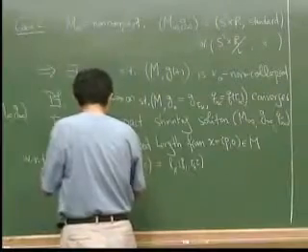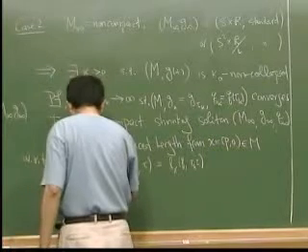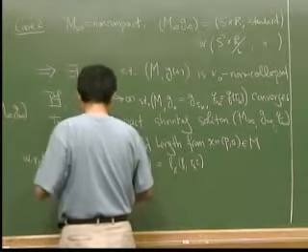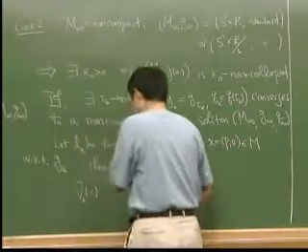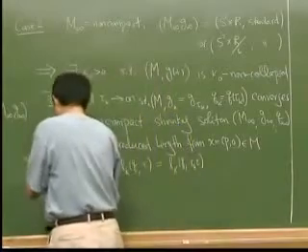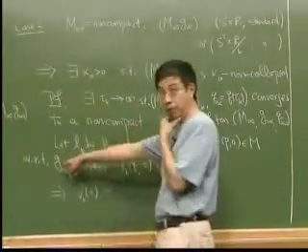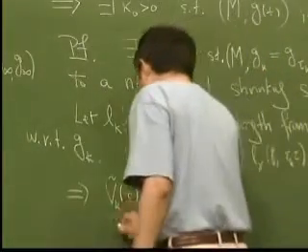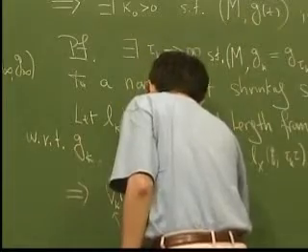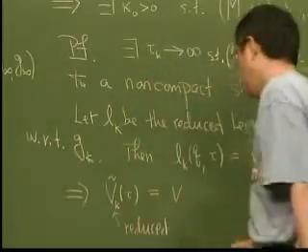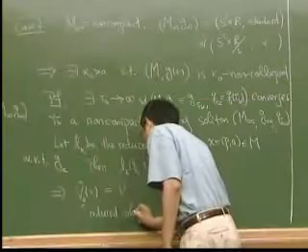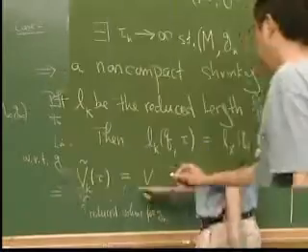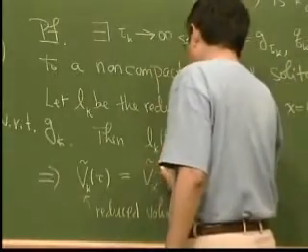So the corresponding reduced volume of this tau implies this is the reduced volume of g_k here, and it's just the reduced volume from x to this.